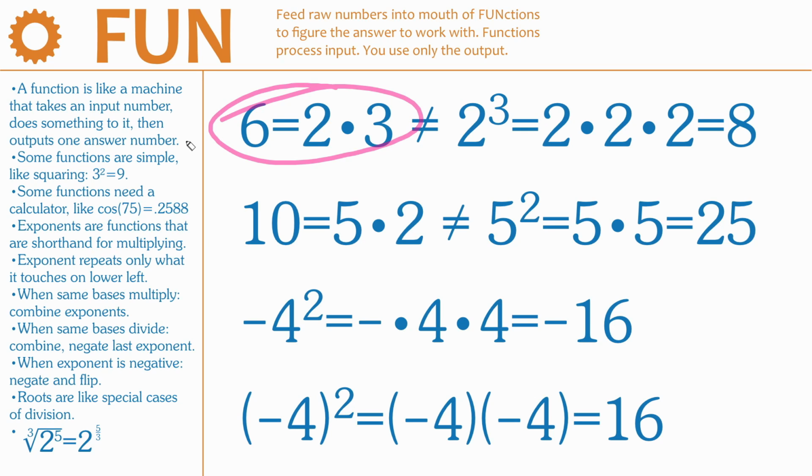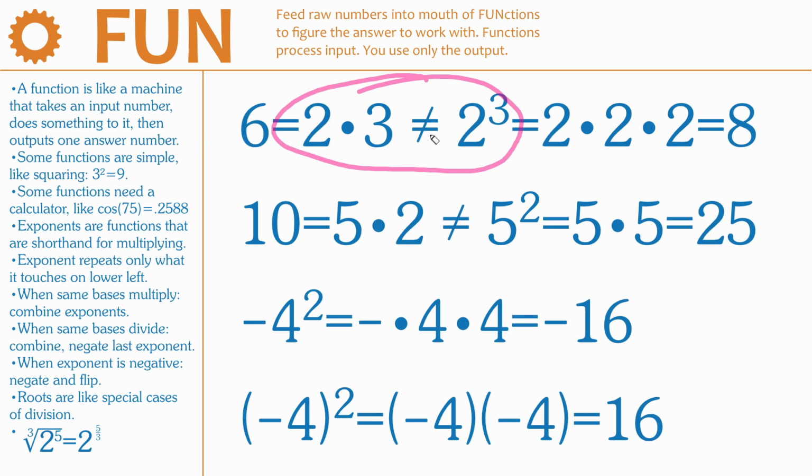6 equals 2 times 3, but 2 times 3 does not equal 2 to the third power. See, 2 times 3, those are two sides of a rectangle. But in 2 to the third power, the 3 is a repeater number. It is telling you how many times to multiply the base by itself.